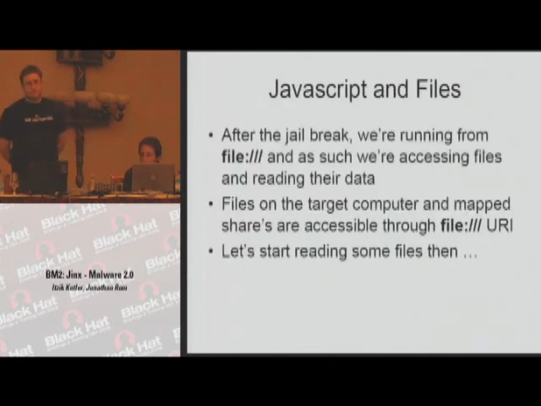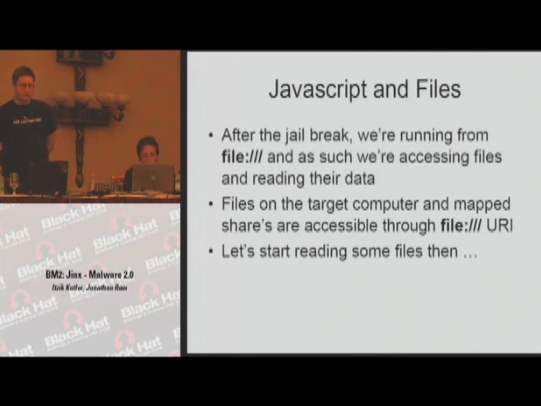Now, it makes sense for the system and the browser that, being a file, we can access other files. And that's basically the logic we used to adapt this sort of jailbreak procedure. Now, the file URI itself is now classified as a security breach, and in Firefox 3, this URI handler has been modified slightly.